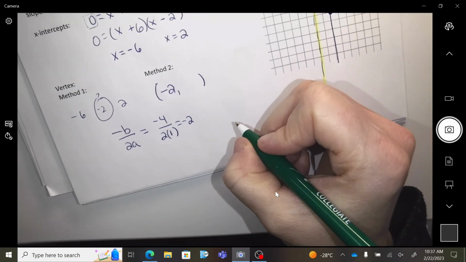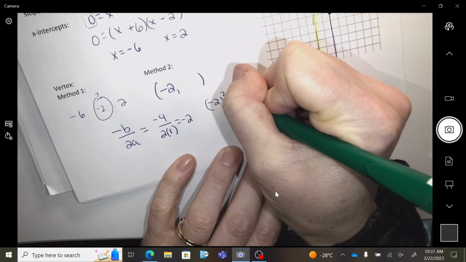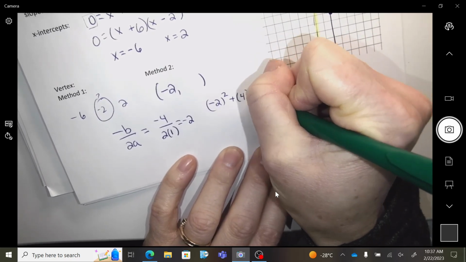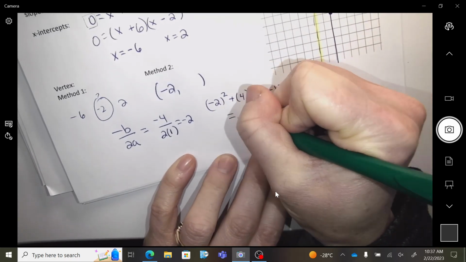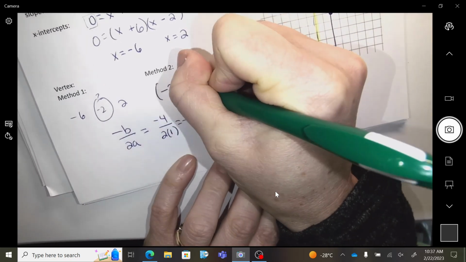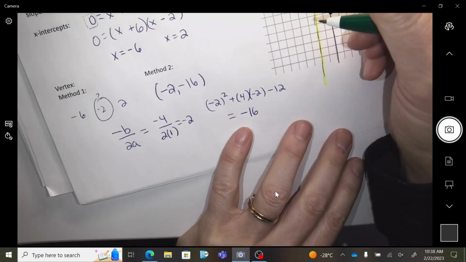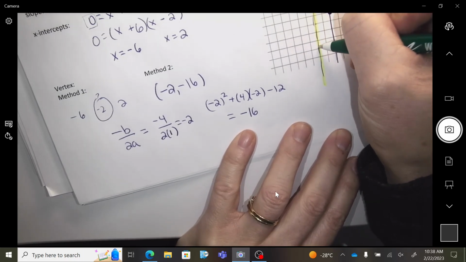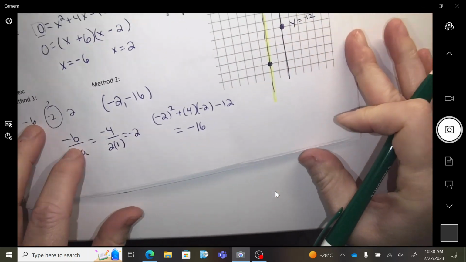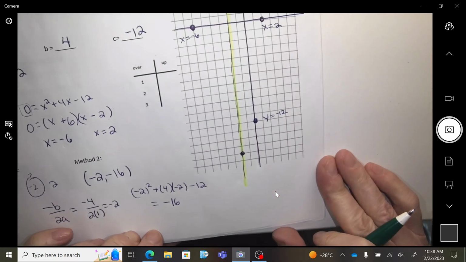So let's plug this in. So I plugged it into the original, and I got negative 16. So that's where it falls.